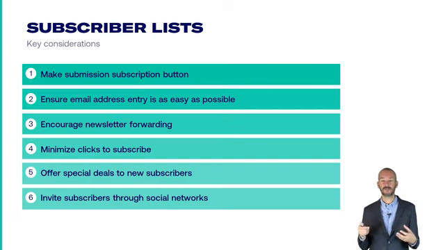And so if you offer something new in terms of a special deal to your new subscribers, that gives them an incentive. But also you want to make sure that your existing subscribers don't feel left out if they're not getting the new stuff necessarily. So number 6 is invite subscribers through social networks.